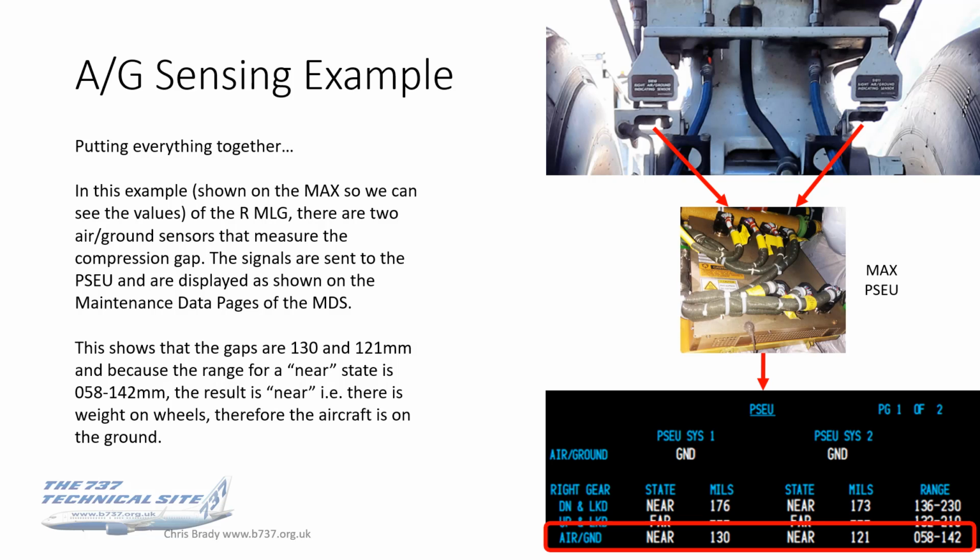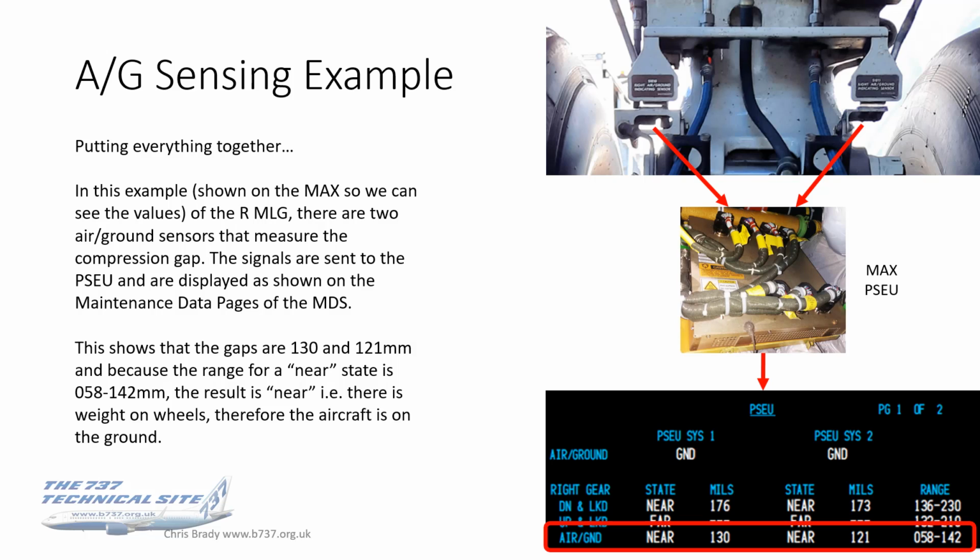So these signals are then sent to the PSEU and displayed as shown on the maintenance data page of the MDS. So with the example that I've highlighted at the bottom right of the screen in the red box there, the right gear air ground, you can see that the gaps in mils are 130 and 121 respectively.